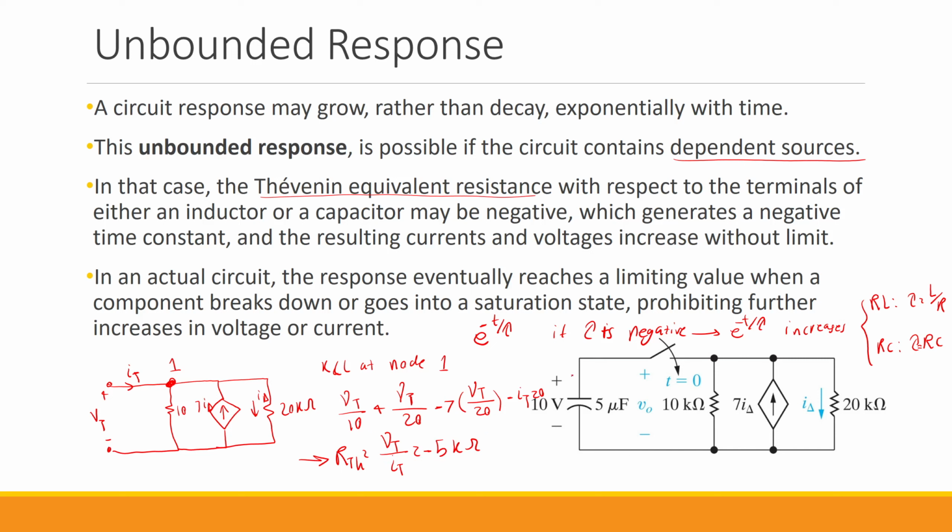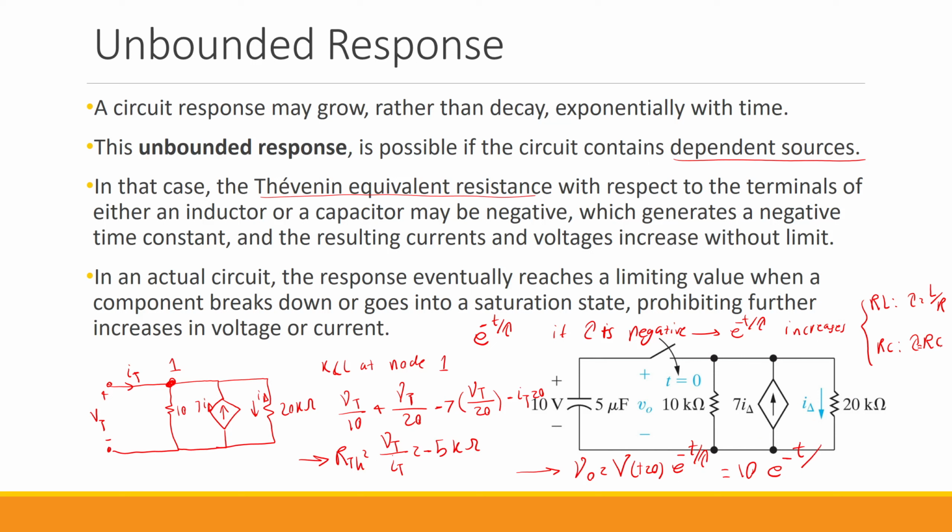Now if we connect this capacitor to this circuit that has a negative 5 kilo ohm Thevenin resistance, the voltage here, which we call VO, is, if you remember, the initial voltage, the voltage at time 0, multiplied by e to the negative t over tau. That is 10 e to the negative t over tau.